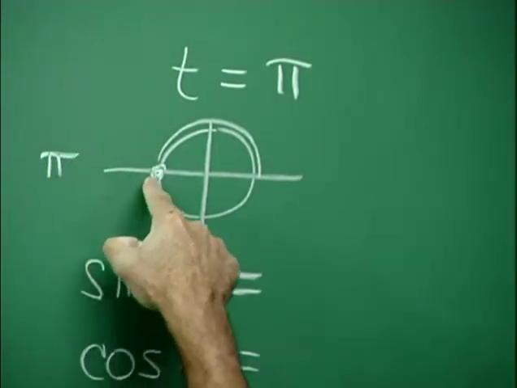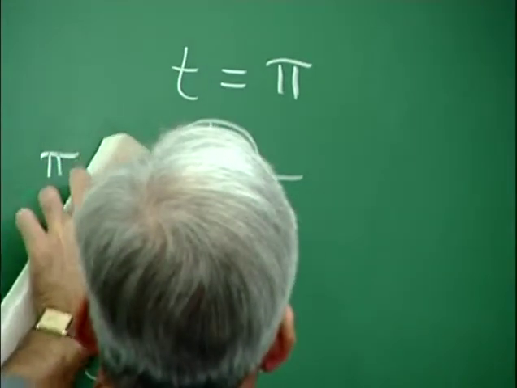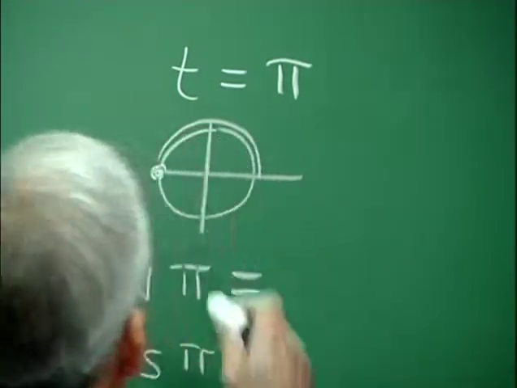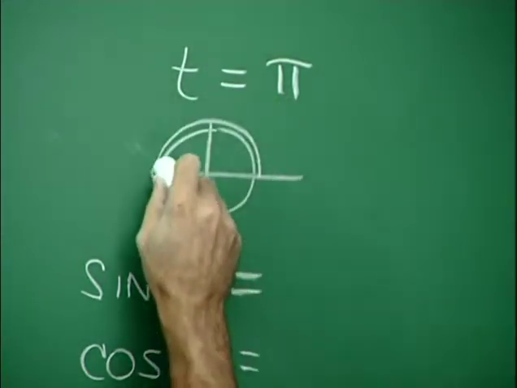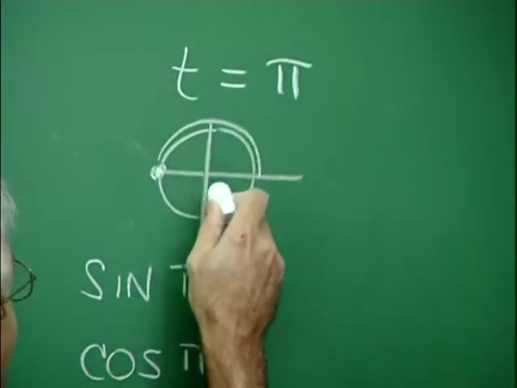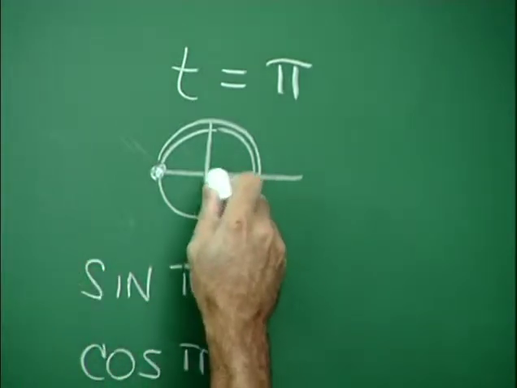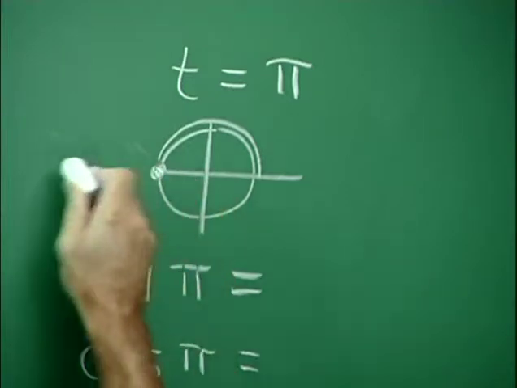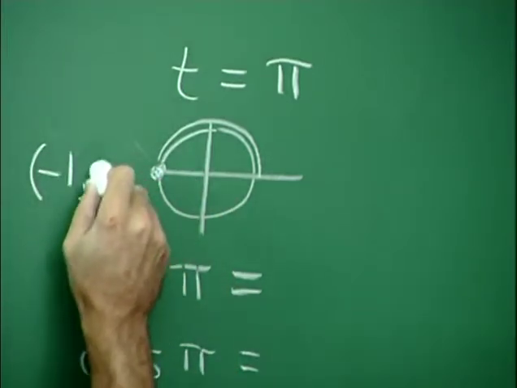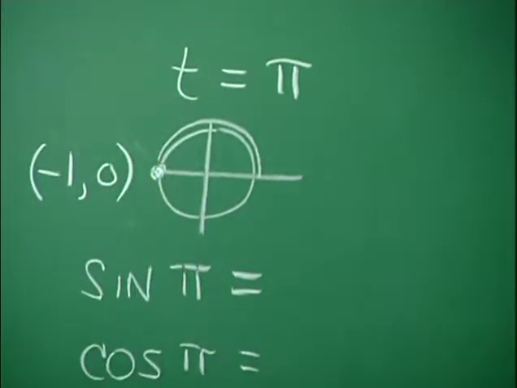Now, what are the coordinates of that point? Well, that's really what we're after here. So we've come around to pi. That distance is pi, you see, and the coordinates of the point would be, well, let's see, it's a unit circle, so we have -1 for the x component, and y is 0. So it's -1, 0.